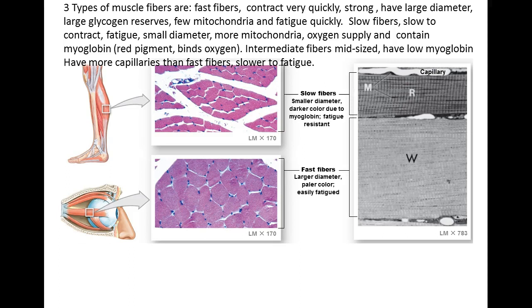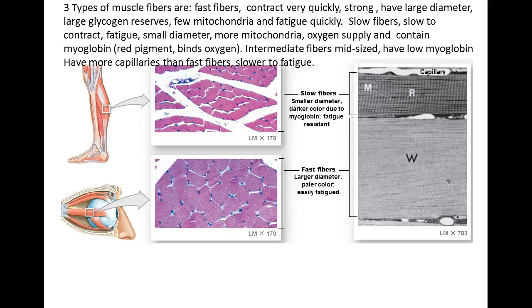But with regard to the fast and the slow, with fast you think of white meat, like the white meat on the chicken or the turkey. And with slow twitch, you think of red meat, and that makes sense because you have more blood flow to those particular fibers.